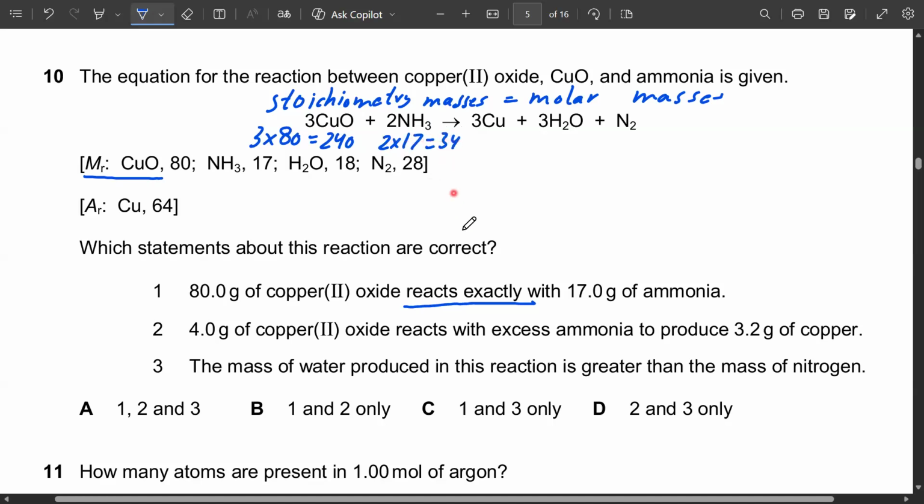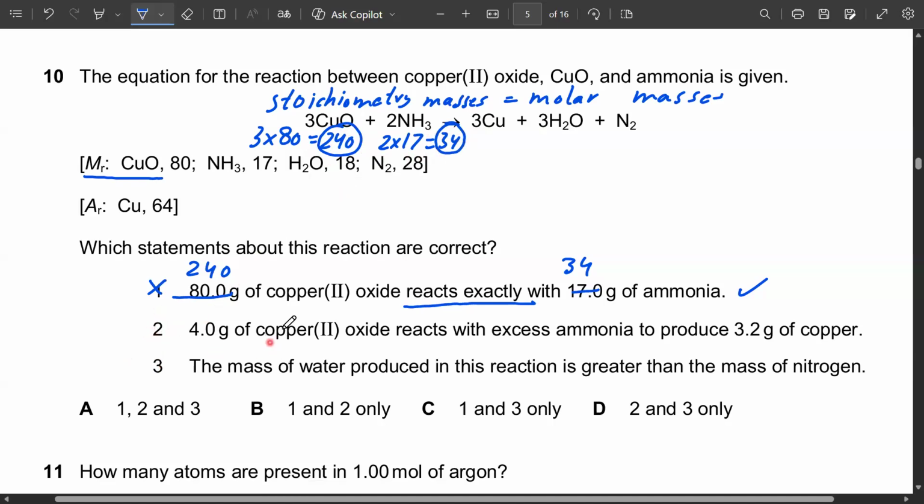If they had written 240 gram of copper oxide reacted with 34 gram of ammonia, that would have been a correct statement. But that is not the case here. They have not included the moles, whereas we need to include the moles in the calculation. So statement 1 becomes incorrect according to the calculations.